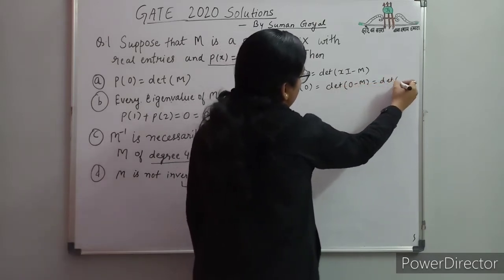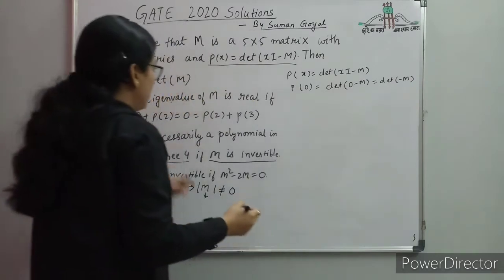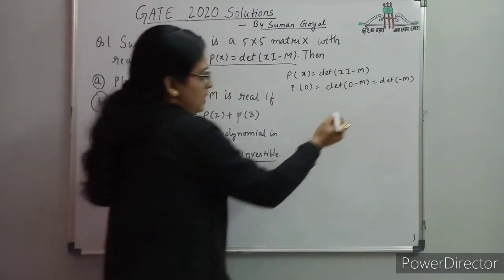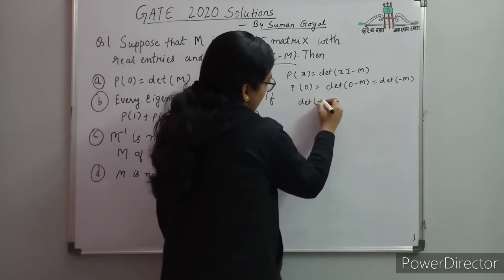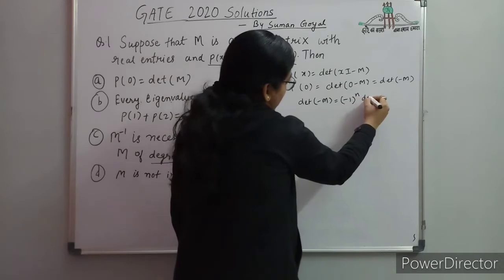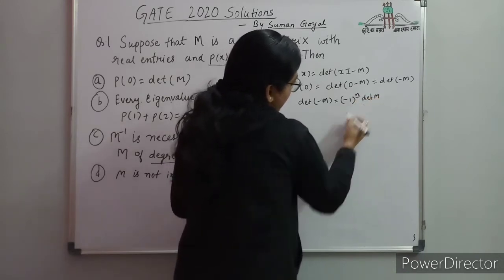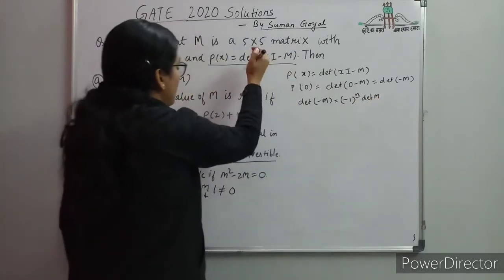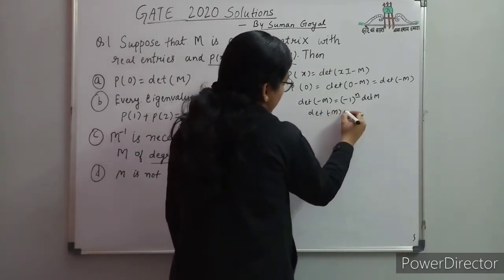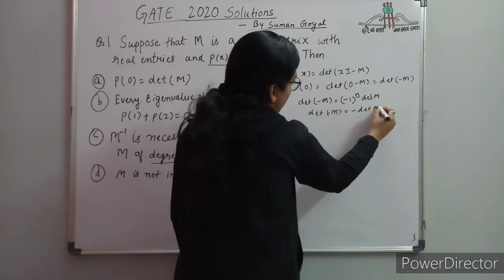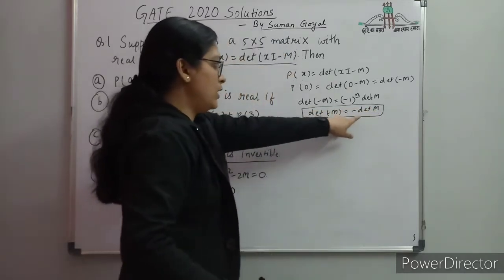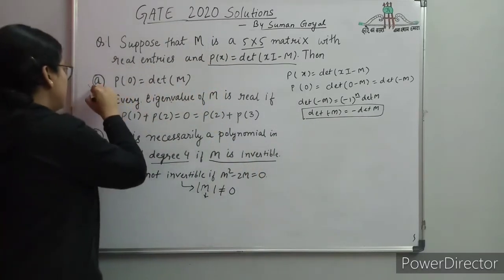Determinant of minus M. And the given option is determinant of M. Determinant of minus M is (minus 1) to the power n times determinant of M, where n is the order of the matrix, and M is a 5×5 matrix. So in this case, determinant of minus M is equal to minus determinant of M, which is not equal to determinant of M. So the first option is wrong.